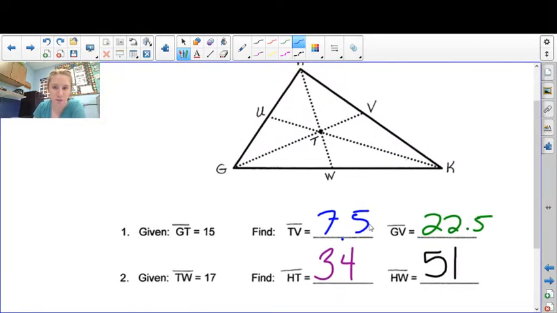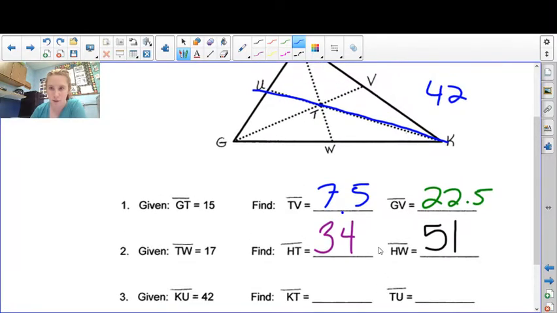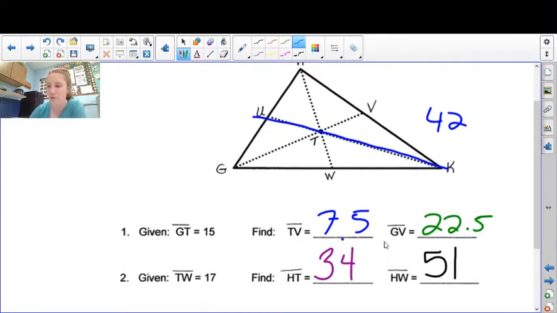UK is 42. It wants to find UT and KT. Well, if I take 42 and divide it by 3, it'll give me each section of a third, right?